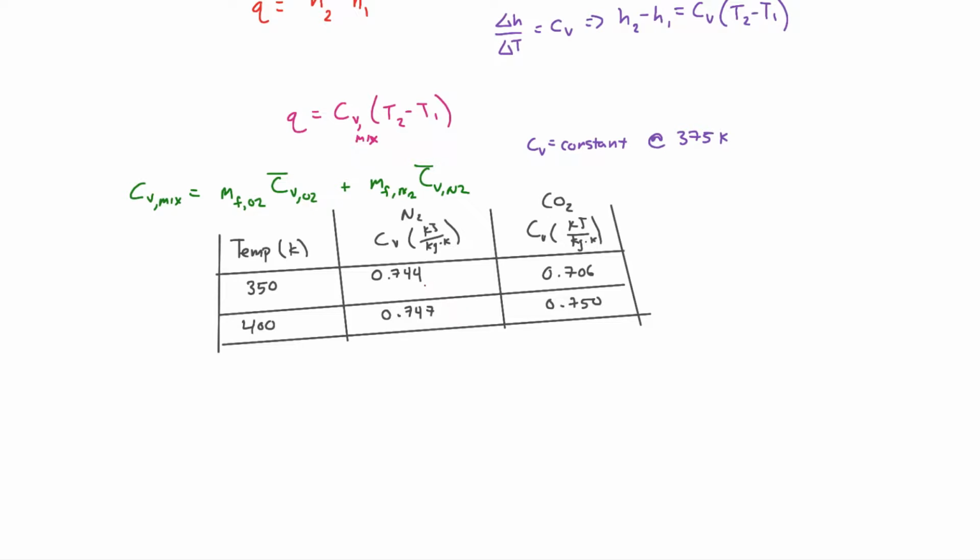If you recognize that these values are very small in terms of the change, so here it goes from 744 to 747, and we know that 375 is in the middle of these two values based on these temperatures, you could say that this is going to be roughly 0.7555 or so, and that'll be a good estimate of this value of CV.